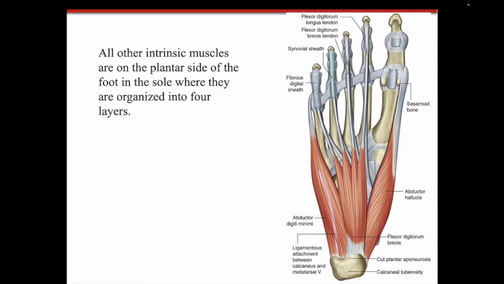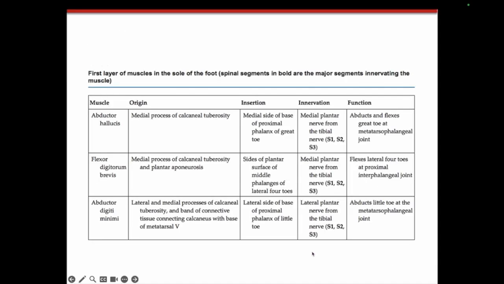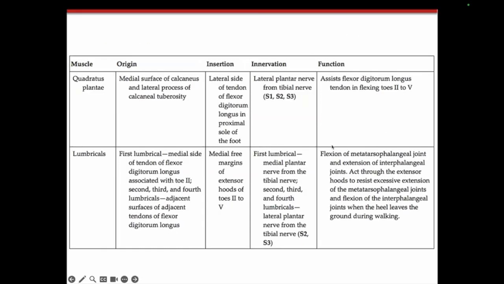The intrinsic muscles on the plantar side are more complicated. There are 4 layers. For the first layer, just know they exist: the abductor hallucis, the abductor digiti minimi, and the flexor digitorum brevis. The second layer has the quadratus plantae and the 4 lumbricals.